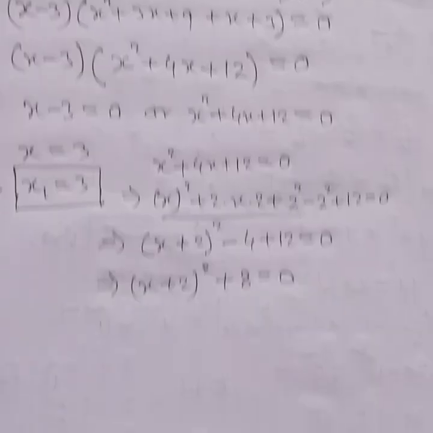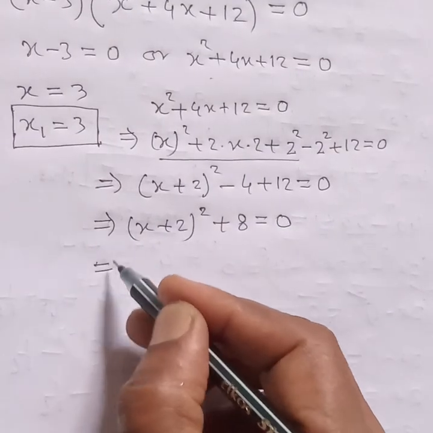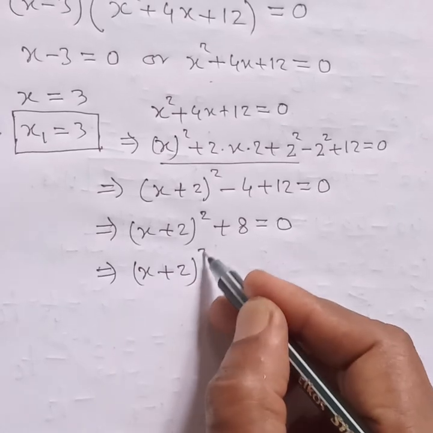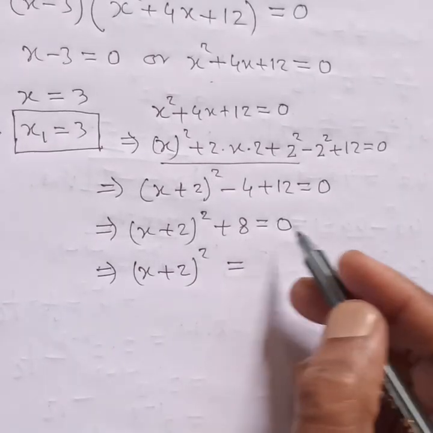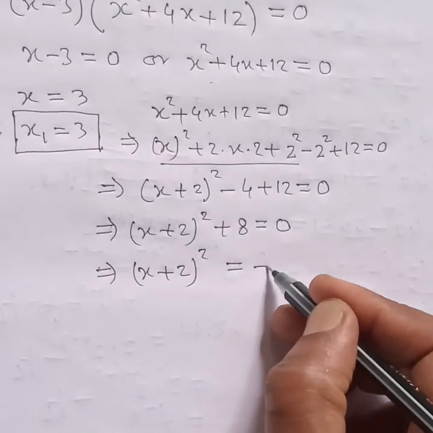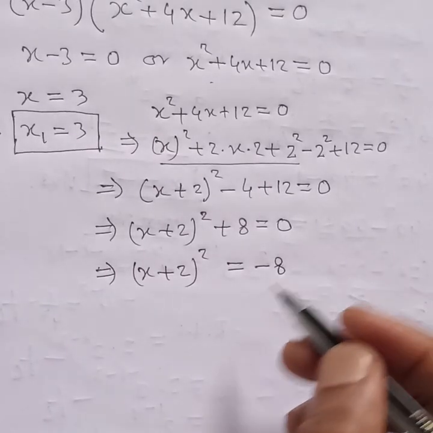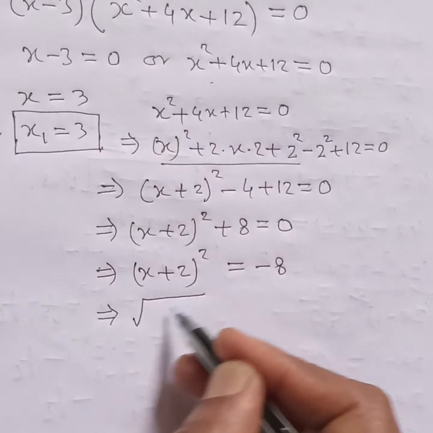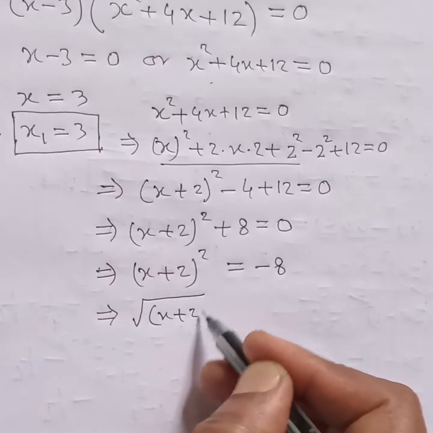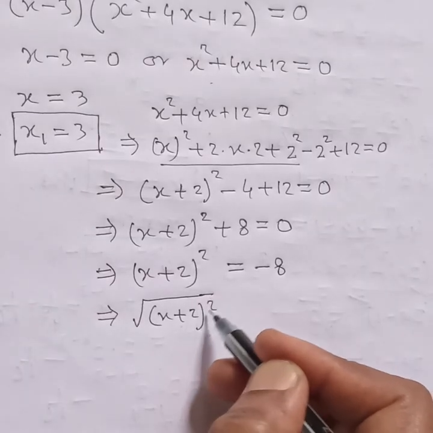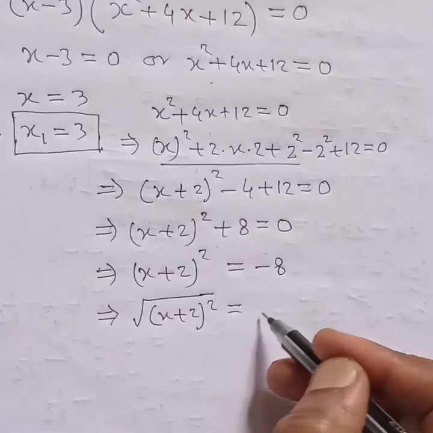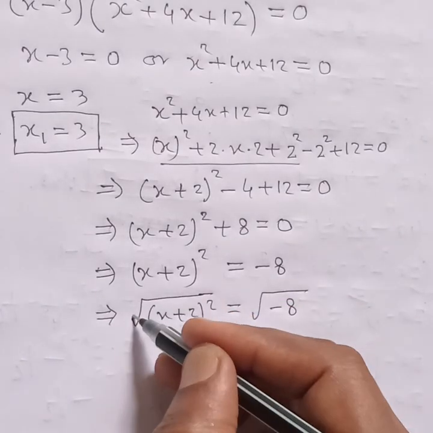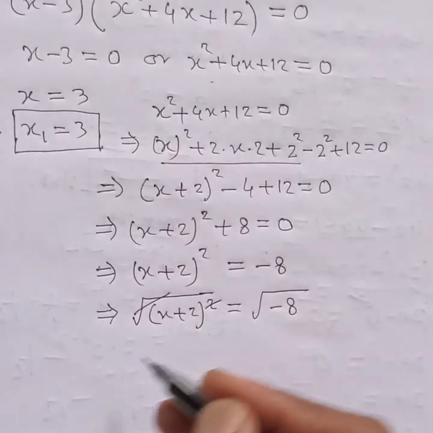Implies x plus 2 whole square is equal to plus 8, which moves to the right side as minus 8. Now take square root both sides. The square root of x plus 2 whole square is equal to the square root of minus 8. Then the square root and square cancel.